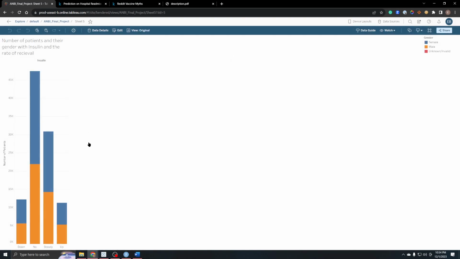Sheet number 5 here. This is actually just looking at the entire number of patients and grouping them by male or female and seeing if they're taking insulin, whether their intake is down, whether they're not taking insulin at all, if their insulin intake is steady, or if it's up.